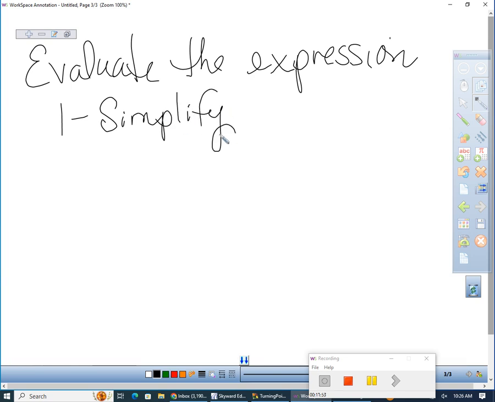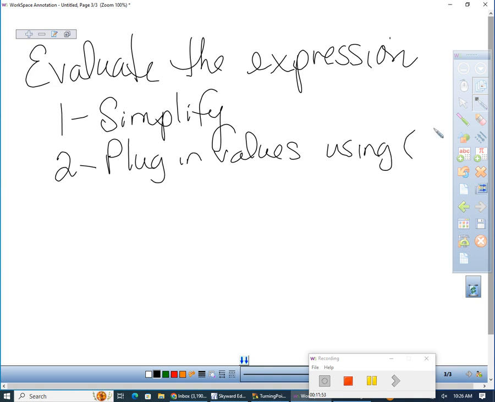Simplify the expression you have first. Step 2, you're going to plug in values. I'm going to remind you, use parentheses. Anytime you sub a value in for a variable, you use parentheses. And then step 3, you can calculate it.